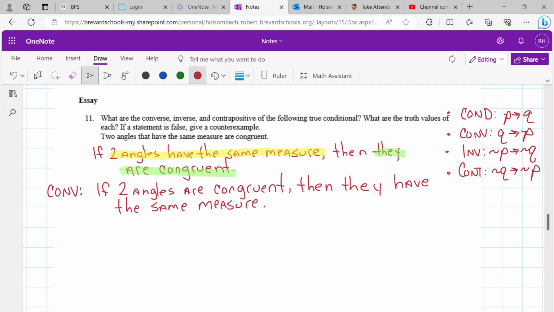All right, we switched the hypothesis and the conclusion. What are the truth values of each? This is true.